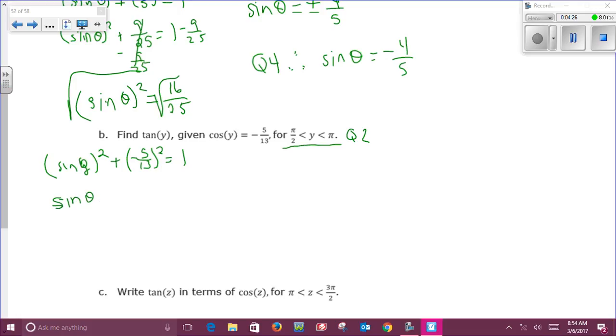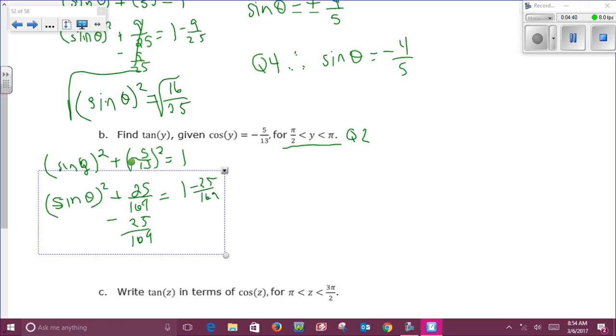So the sine of theta squared plus, if I square that, I'll have 25/169 equals 1. Then I'm going to subtract that 25/169. So I'll have sine theta, both things squared, is going to be 144/169.